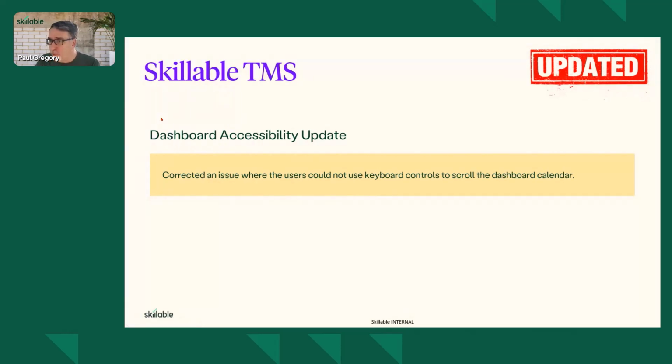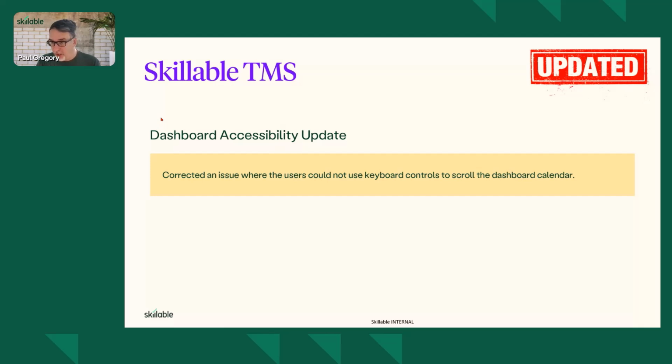If you use our Skillable training management system, so our learning management platform, we did make a small update with respect to accessibility. 18 months, 2 years ago, we released the new student and instructor dashboards, and we discovered basically the student dashboard didn't work correctly from an accessibility point of view.